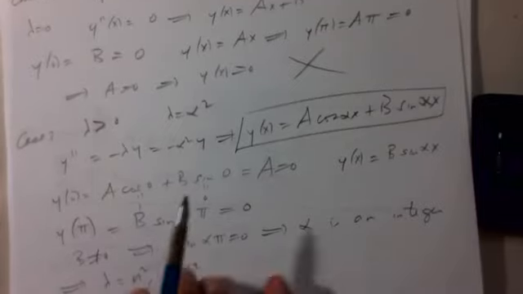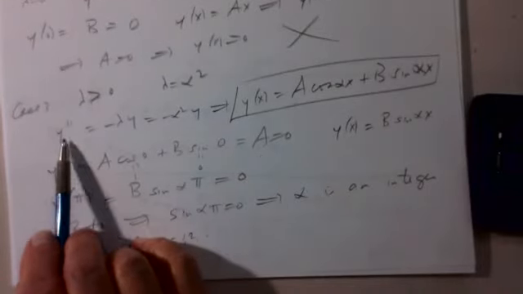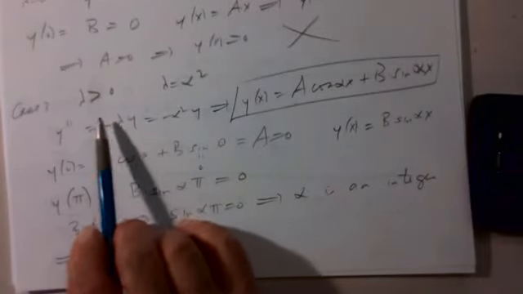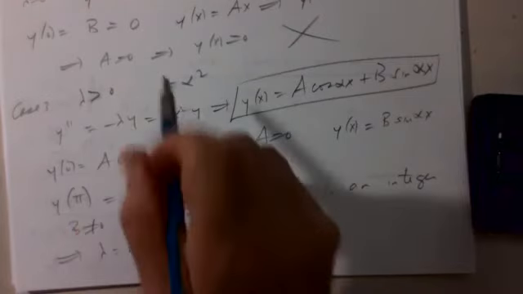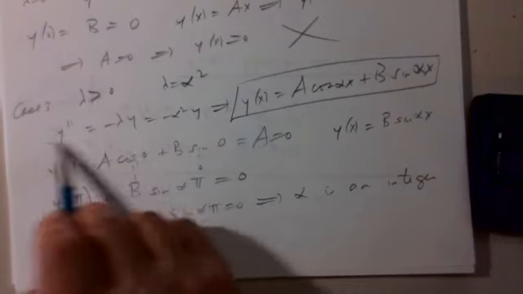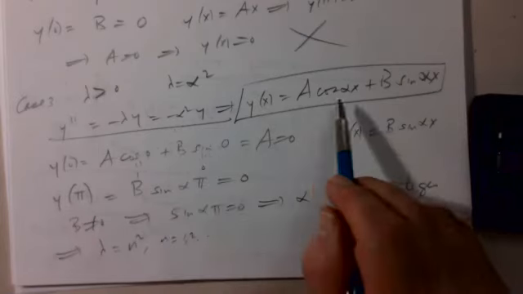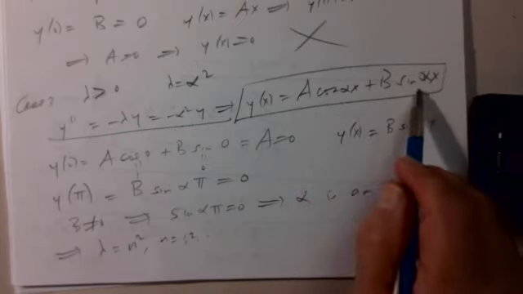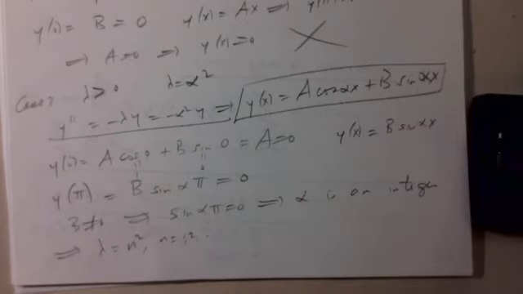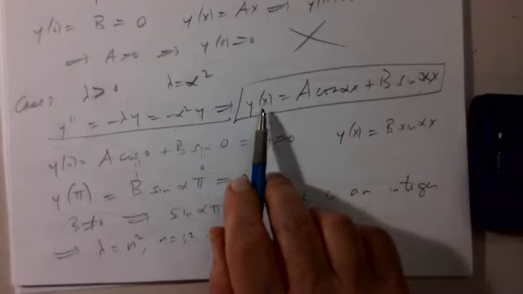So let's go back a step. We have this differential equation, y double prime is minus lambda y, and we're in the case where lambda is positive, say equal to alpha squared for some alpha. So y double prime equals minus alpha squared y, and the general solution to this second order linear homogeneous differential equation is a cosine alpha x plus b sine alpha x. But then we have the condition that at x equals 0, y of 0 is equal to 0.